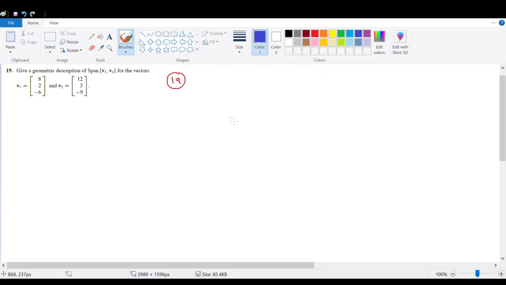In problem 19, give a geometric description of span v1, v2 for the vectors v1 and v2.